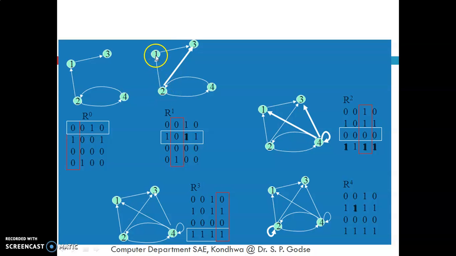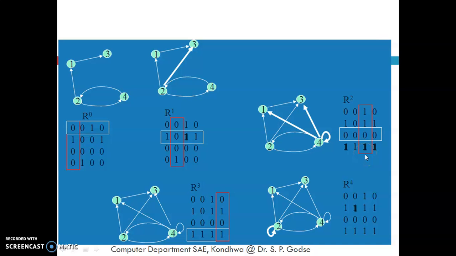So 2 is related with 1, 1 is related with 3, therefore 2 is also related with 3. So this one ordered pair is added in the R1. So this is the modified matrix or modified relation. After that, this relation will be taken as an input for R2. In case of R2, we will not be doing any changes in this.